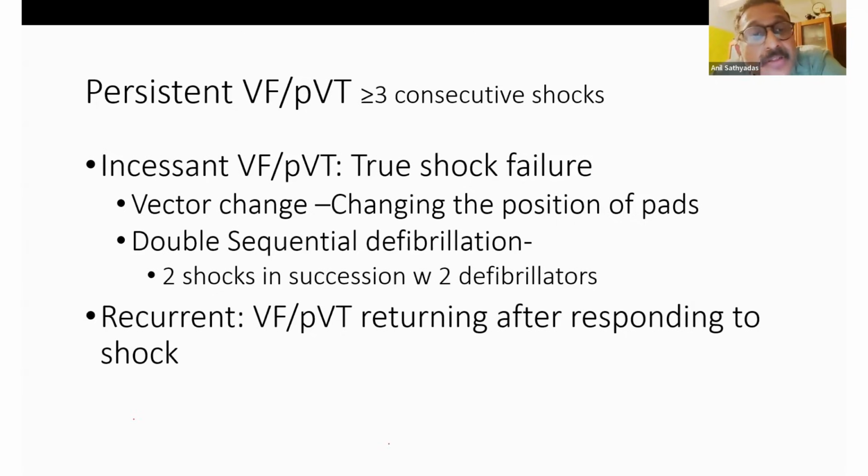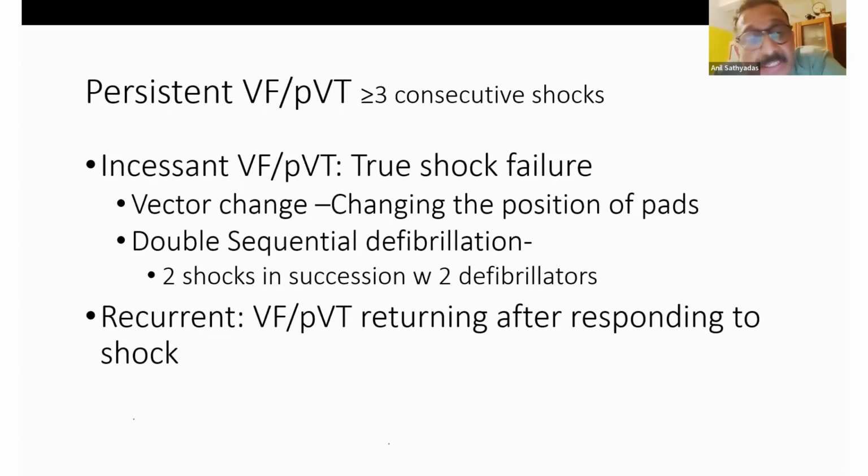And that is done in incessant VF, because the shock did not do the trick it has to. It did not change to normal sinus rhythm. The second type of persistent VF is called recurrent, where the shock worked, but during the 2 minutes of CPR that you do immediately after the shock, it went back to VF.